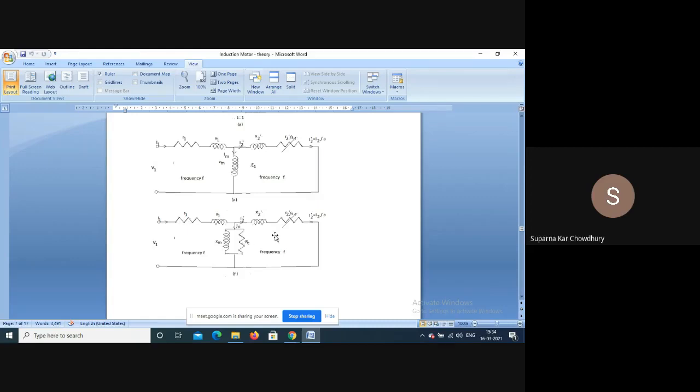So if we do not consider RC, very little error is introduced. What is done is, after we calculate the power output from there, fixed losses are subtracted. That fixed loss will include the core loss plus the windage and bearing friction loss and the stray losses, what I have discussed earlier.